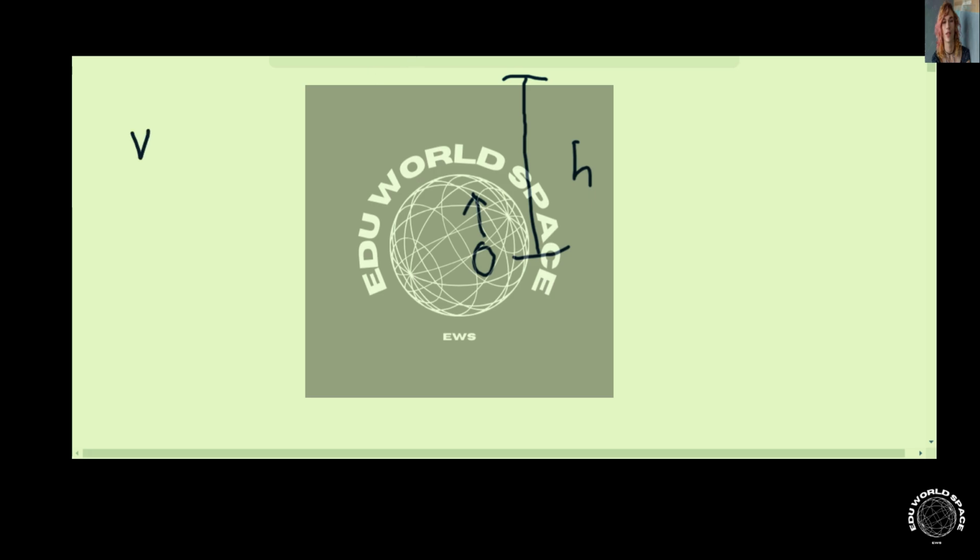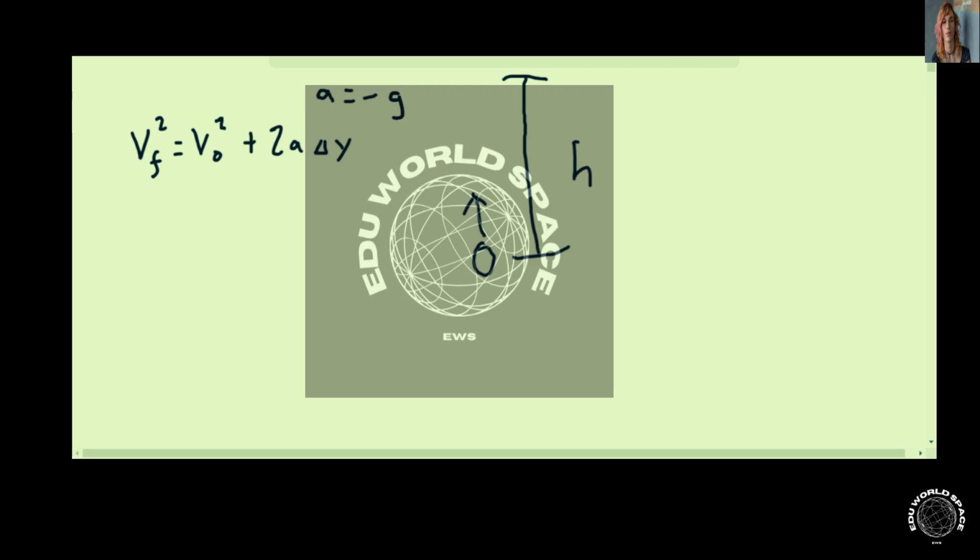V final is equal to the initial velocity, both of these are squared, plus 2a delta y. In this case, delta y is just going to be h. A is the acceleration due to gravity, so we're going to denote it as negative g, where g is 9.8 meters per second squared.